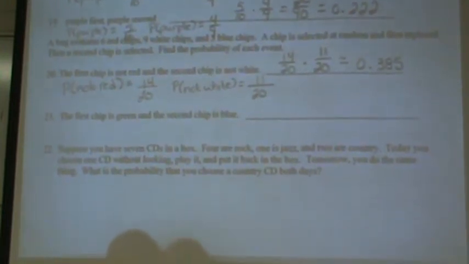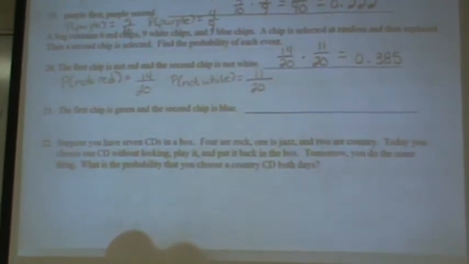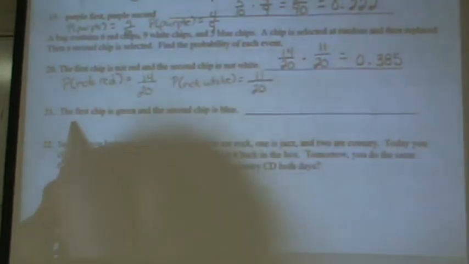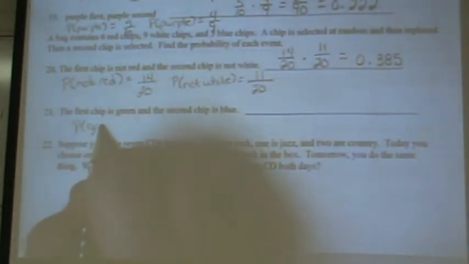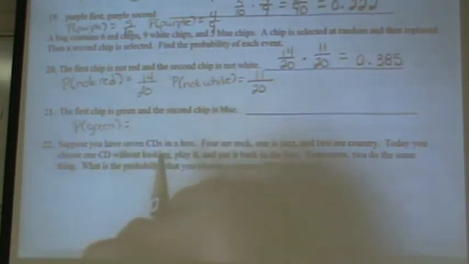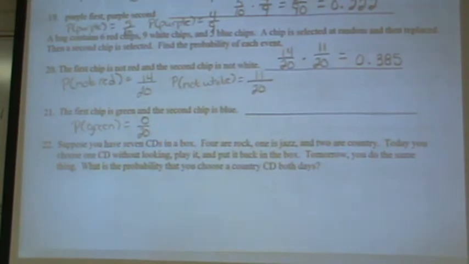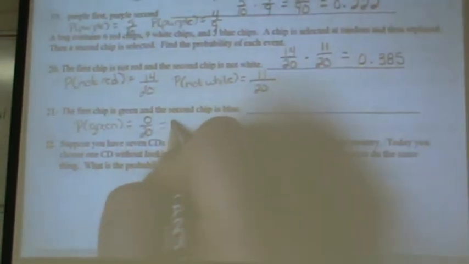For number 21, we want the first chip is green and the second chip is blue. So like before, probability of green, we don't have any green chips, so you have a 0 out of 20 chance of getting a green chip, which equals 0.